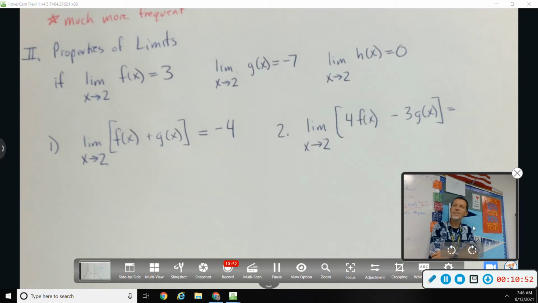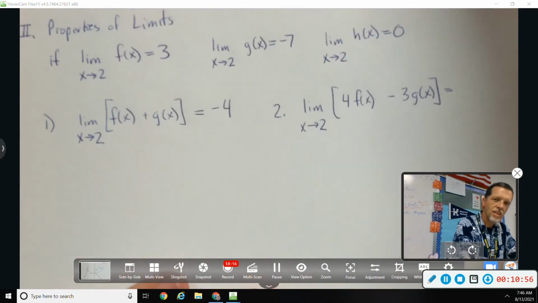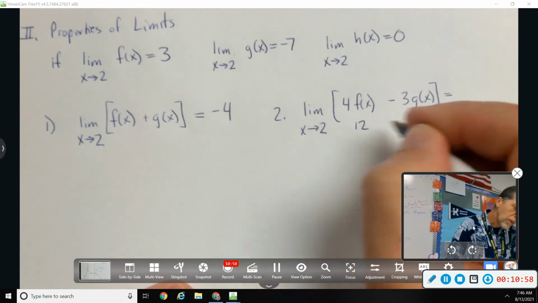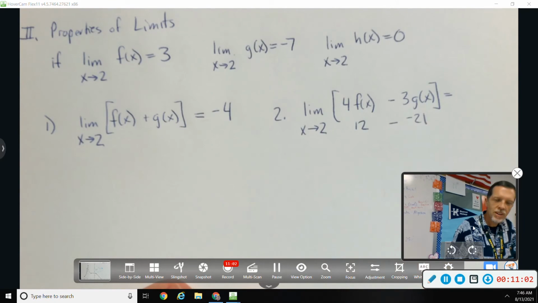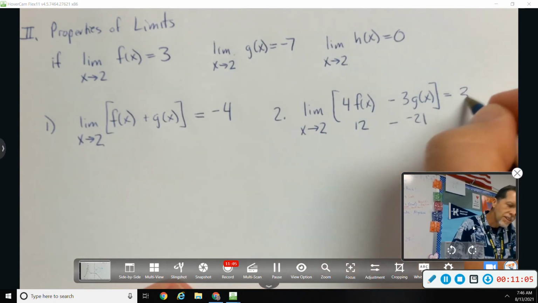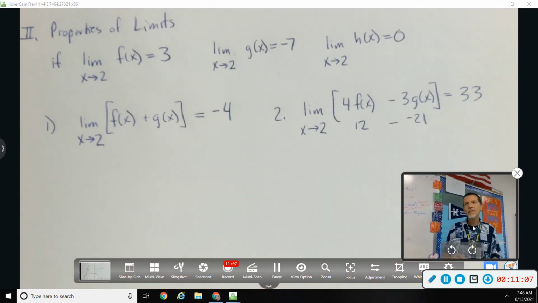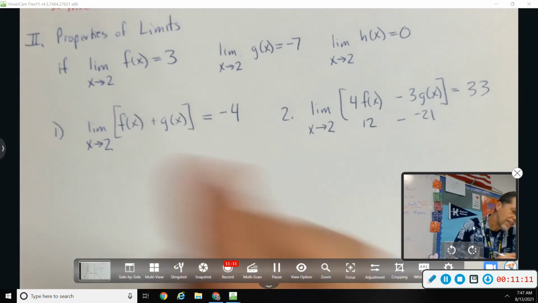All right, someone want to take a stab at it? 33. 4 times 3 is 12. 3 times negative 7 is negative 21. 12 plus 21 is 33. So these limit properties are nice. They act like we think they should act.